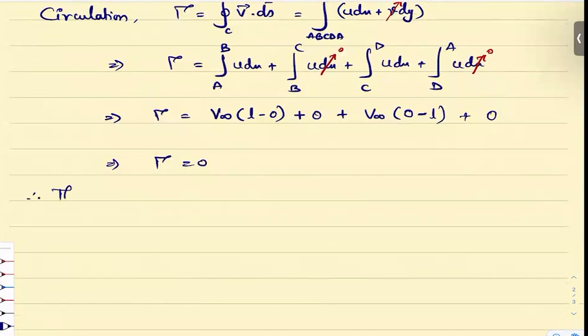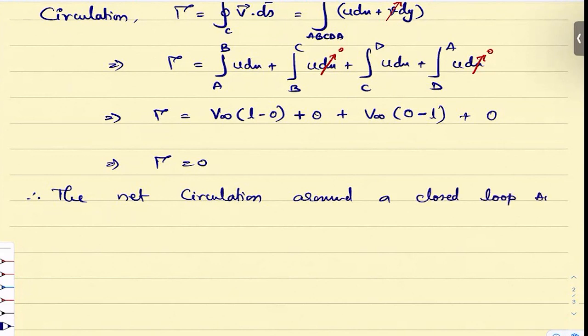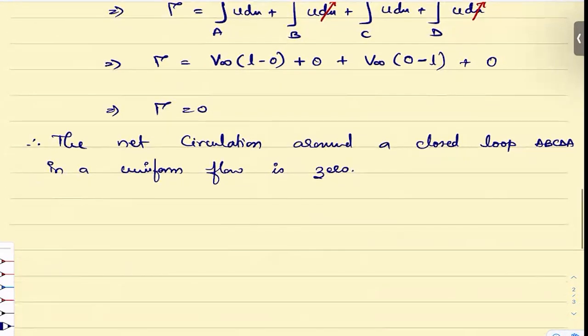Therefore, the net circulation around a closed loop ABCDA in a uniform flow is 0.